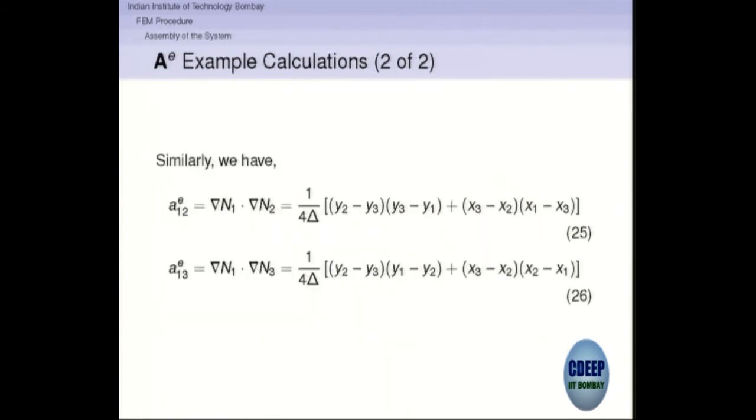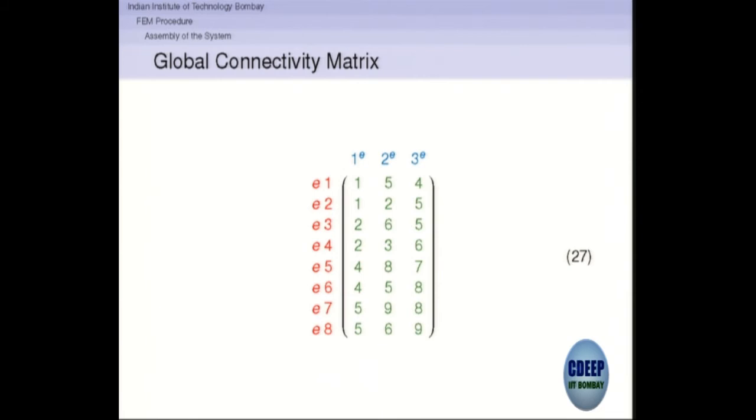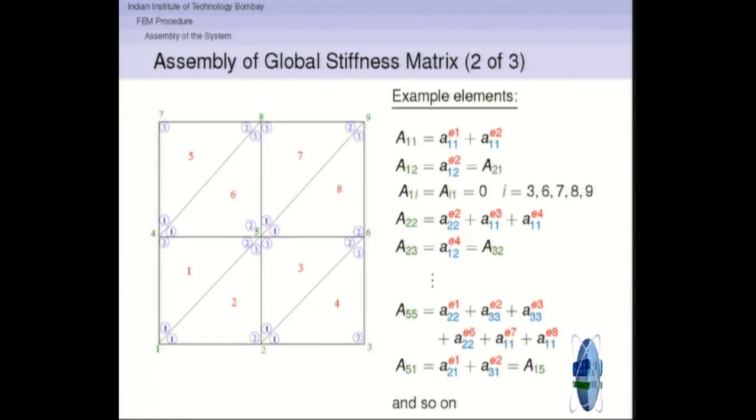So, now what we do is we use this global connectivity matrix to combine or find the total energy of the system. So, for example, element number 1 has the global node numbers or vertices as 1, 5 and 4, is it not?